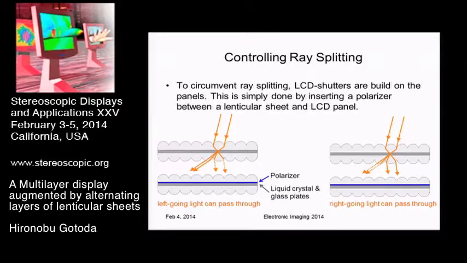So in this example, a single bundle of parallel rays of light will come here and split into two parts. One is going left and one is going right. And so we divide the left-going and right-going rays using this polarizer and liquid crystal panels, so that at one time we deal with only left-going rays, and at another time instance we deal with only right-going rays.